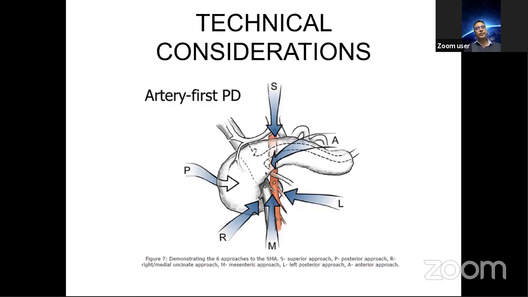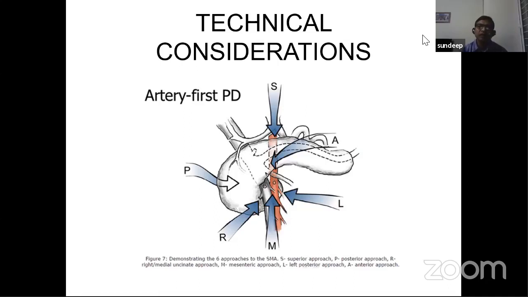See, when the artery first approach came in vogue, we attempted a few Whipples by this approach in standard, resectable patients, just to make ourselves well versed with the technique.